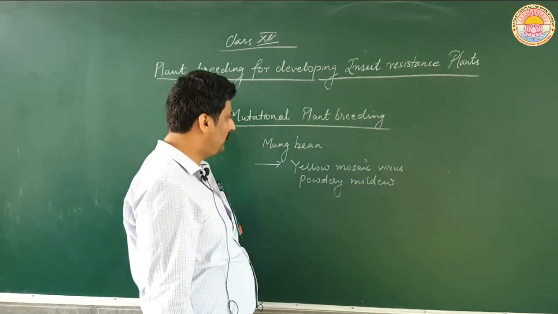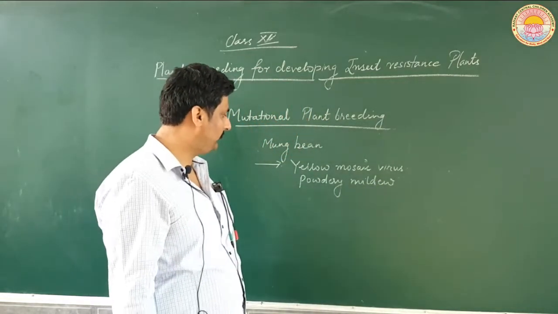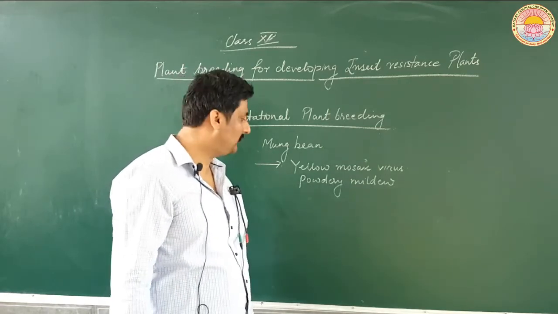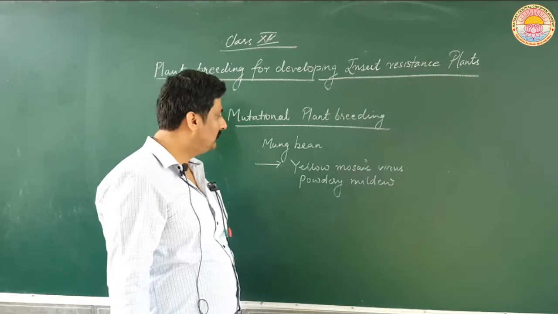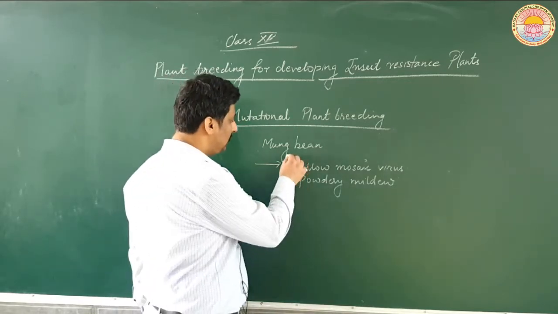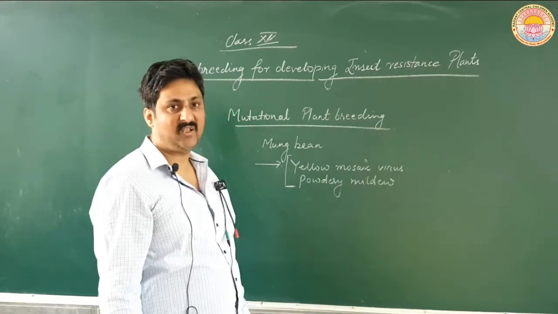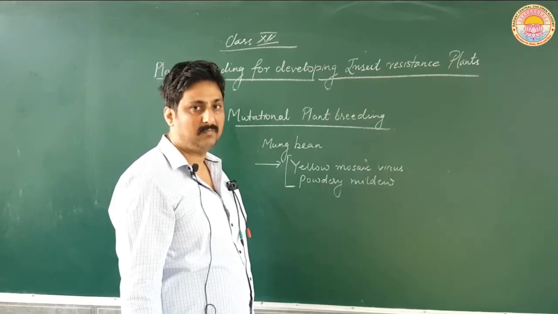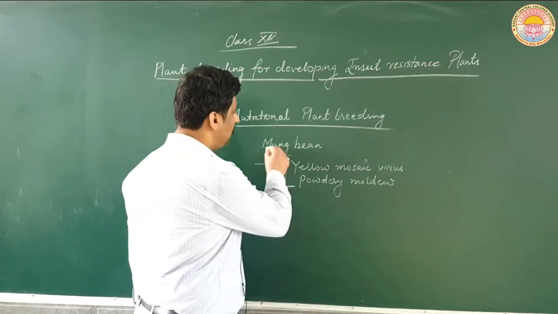Now this plant, mung bean, has become resistant to yellow mosaic virus as well as powdery mildew with the help of this mutational method of plant breeding.